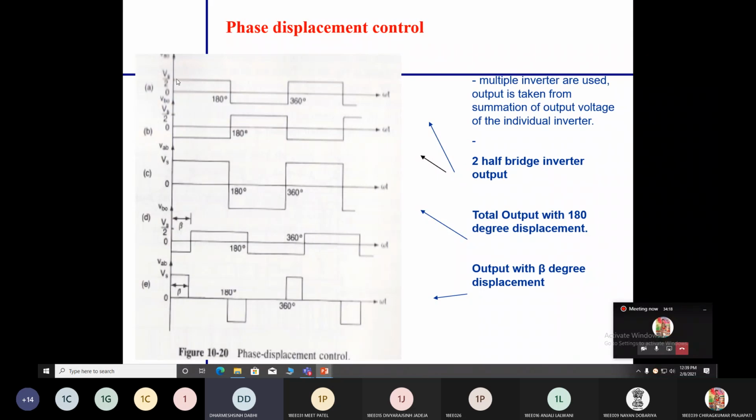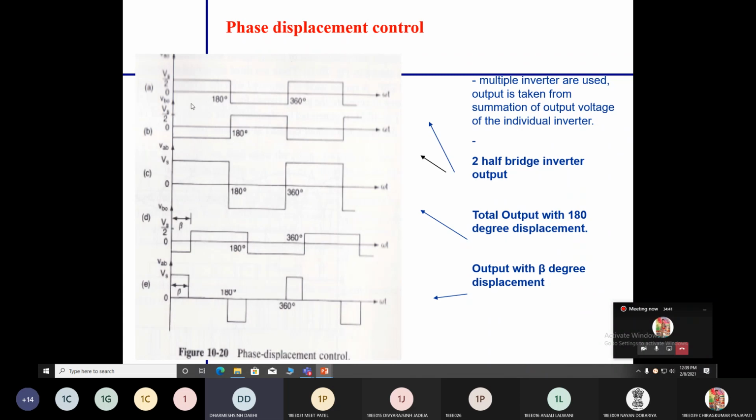The first waveform is the output voltage of the first half bridge inverter, which gives plus Vs by 2 and minus Vs by 2. The second output is from another half bridge inverter, which is 180 degrees phase shifted, meaning first negative output voltage, minus Vs by 2, and then plus Vs by 2.